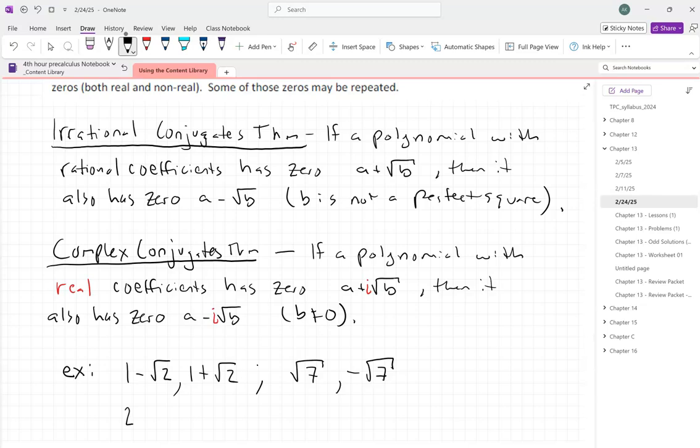Or if I have a polynomial with real coefficients that has 1 minus 3i as a 0, then it also has to have 1 plus 3i as a 0. Or if it has negative i as a 0, then it also has to have positive i as a 0, right? You're always going to get these coming in conjugate pairs.